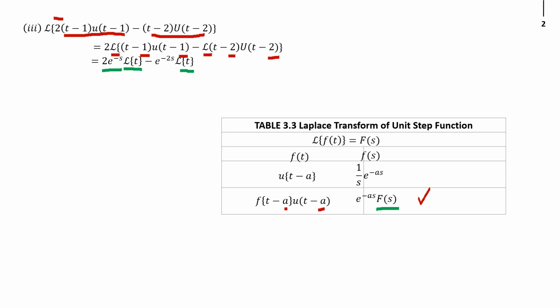Again, Laplace of t is F(s), which is equal to 1 over s squared. Therefore, this is the answer: 2e to the negative s times 1 over s squared minus e to the negative 2s times 1 over s squared.